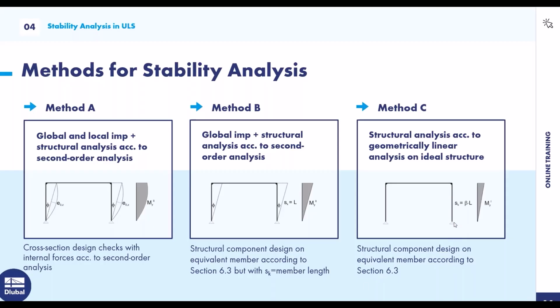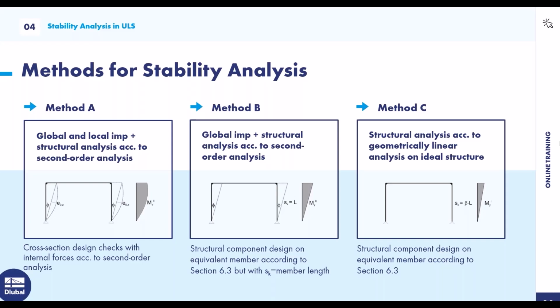But in that case, for the frame, only for the columns. Because by considering the system buckling lengths, the moment agrees with the second order analysis, and the effect of the equivalent imperfections is already taken into account.